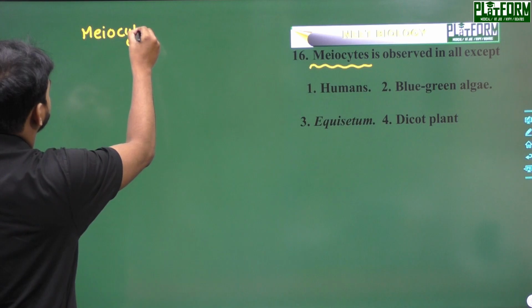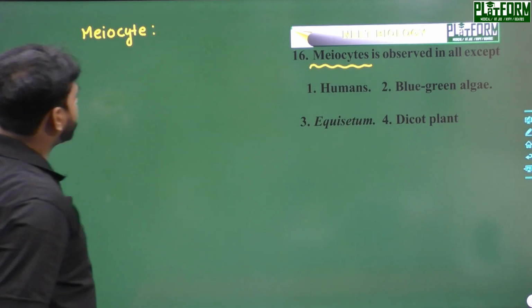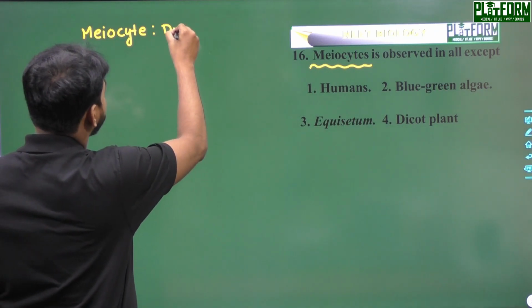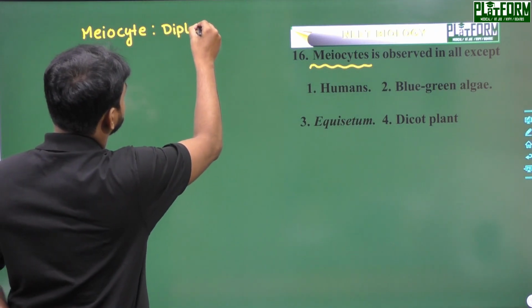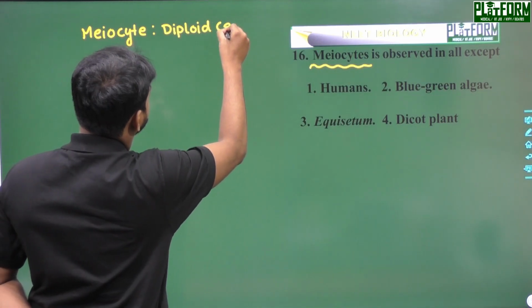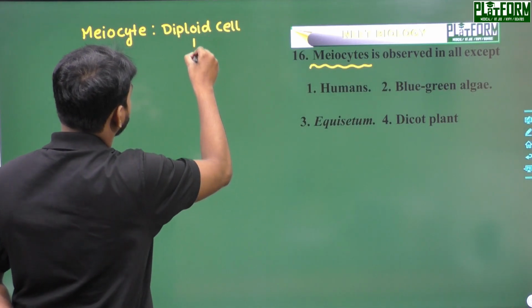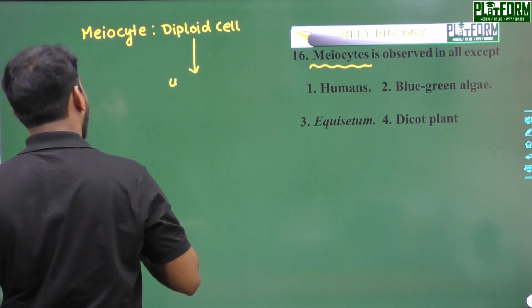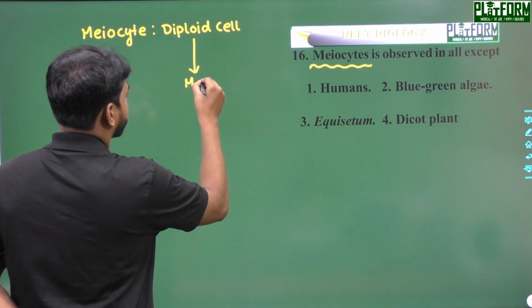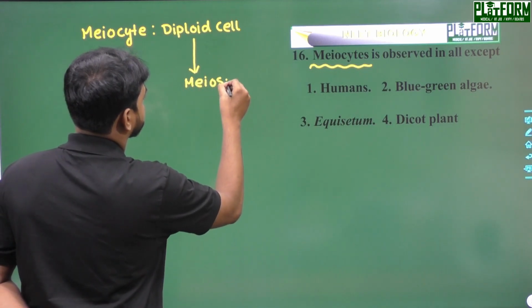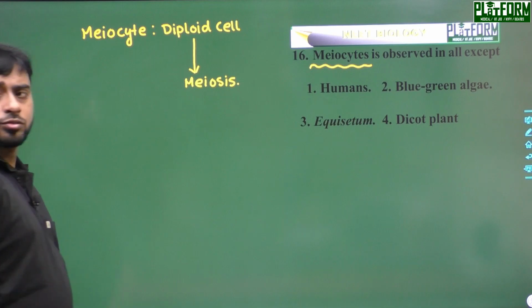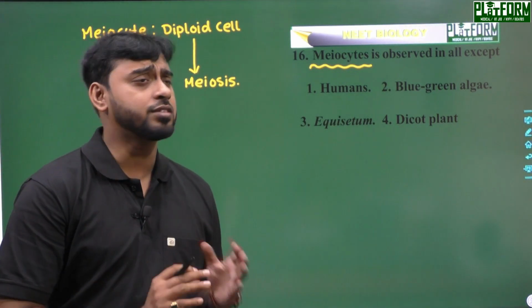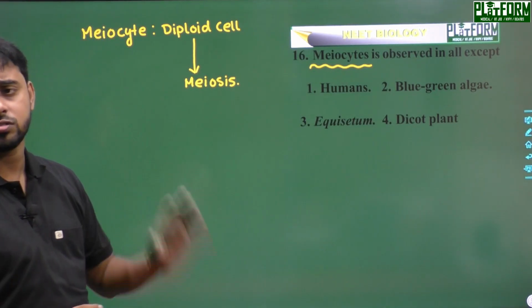Meiocyte means it is a diploid cell which undergoes the process of meiosis. So the cell which undergoes the process of meiosis, that's known as a meiocyte.